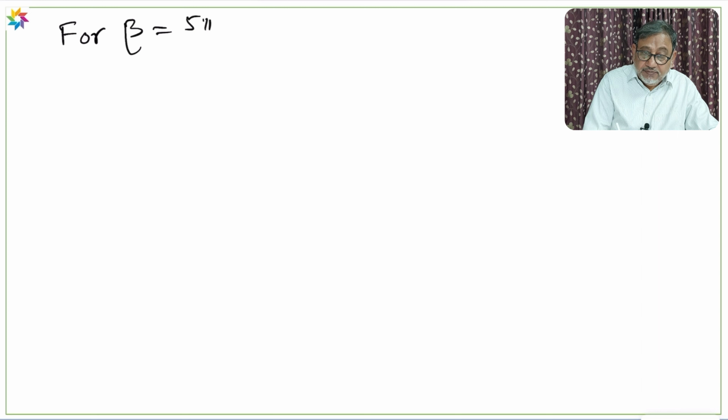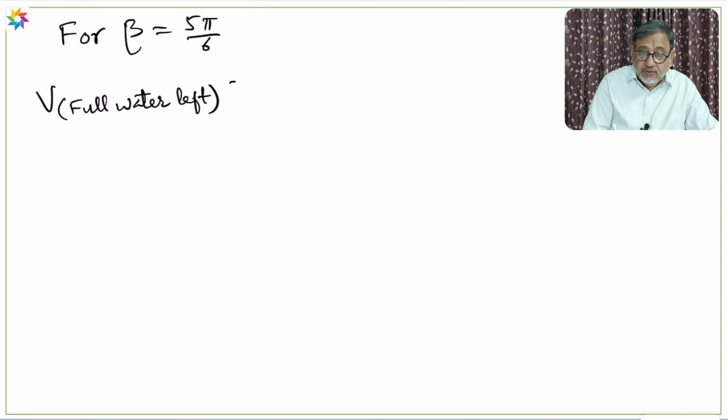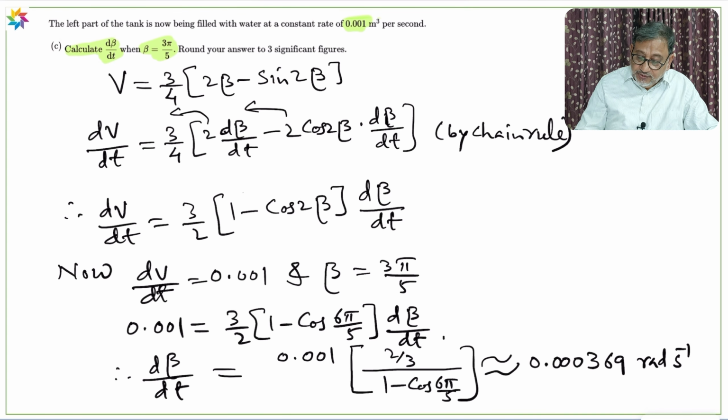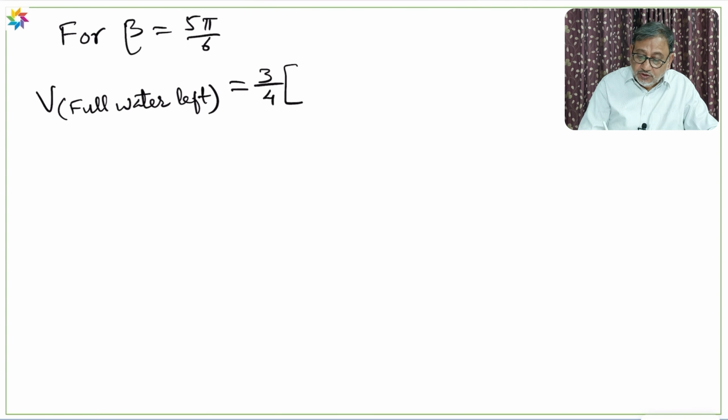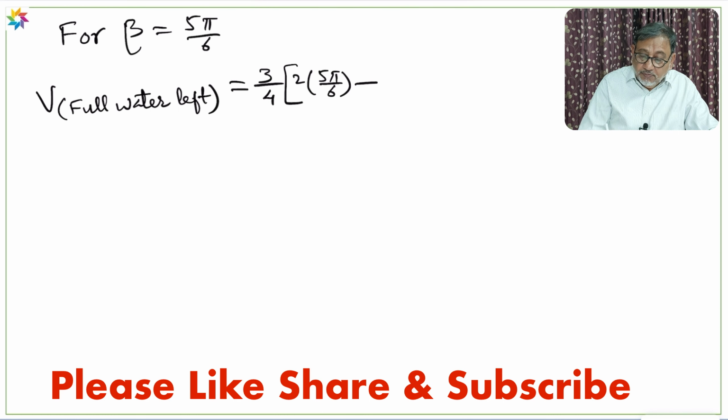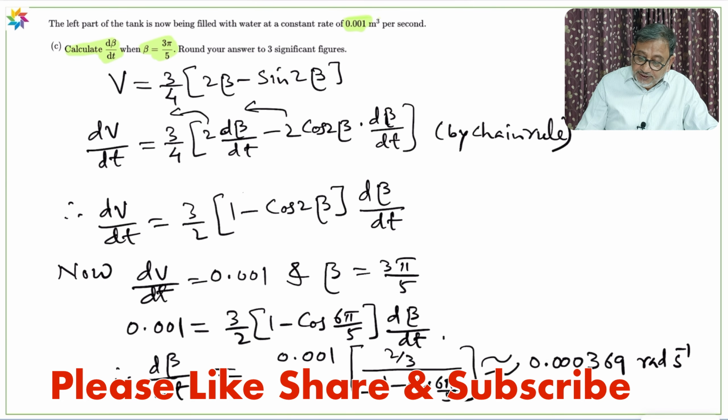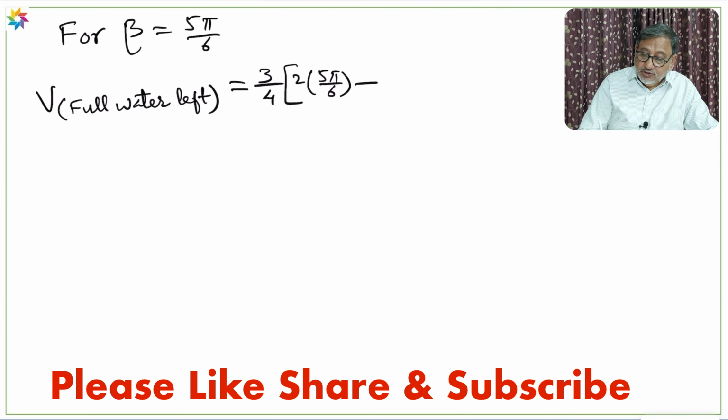is equal to 5 pi by 6, the volume of full water now, full water in the left part. This formula will become 3 by 4. Now beta we will change by 5 pi by 6. So 2 beta it was, so 2 into 5 pi by 6 minus sine 2 beta, so sine of 2 into 5 pi by 6.